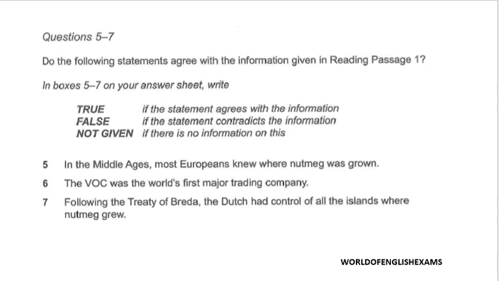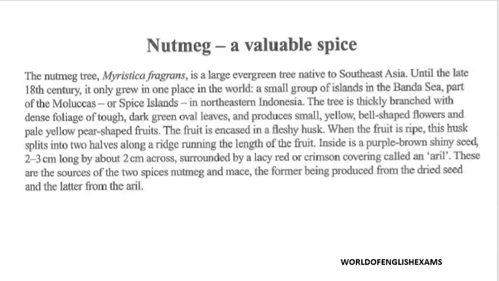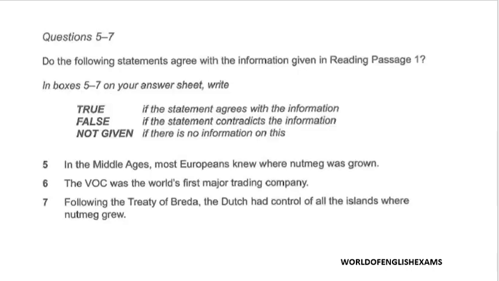Now, unlike the earlier set of questions where I showed you all the questions at once and we proceeded to reading the passage, here we are not going to do that. Instead, I'm going to divide it into single questions, that is statement by statement, and we are going to read the related context. Now this will help you to master true, false, not given.